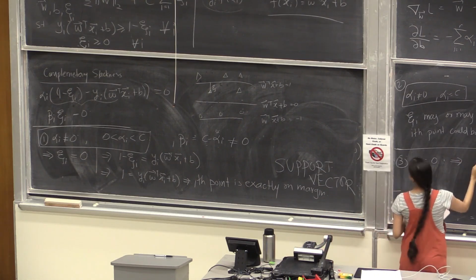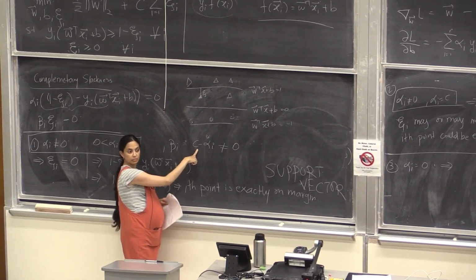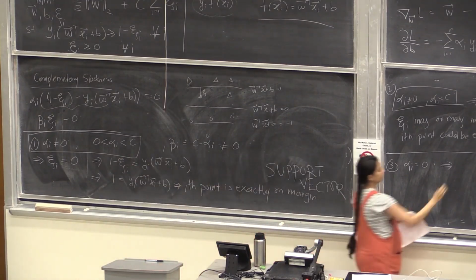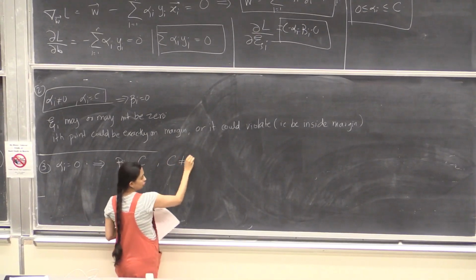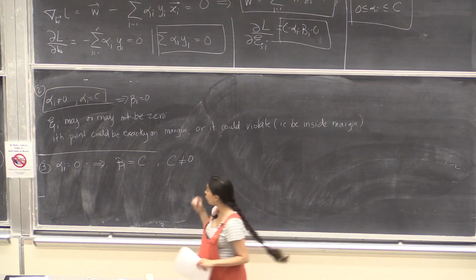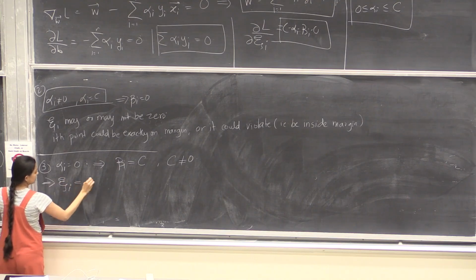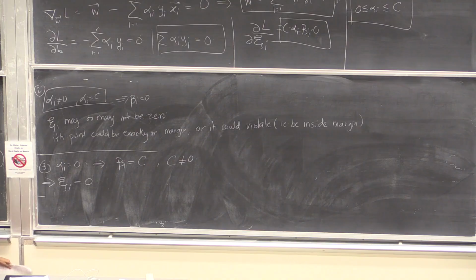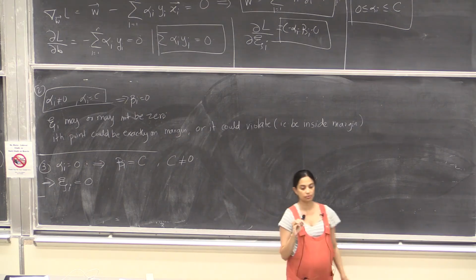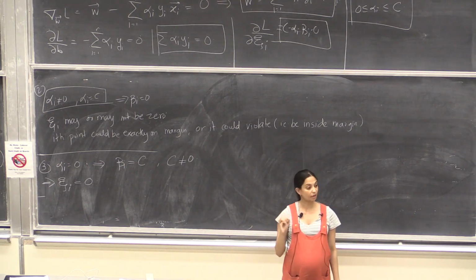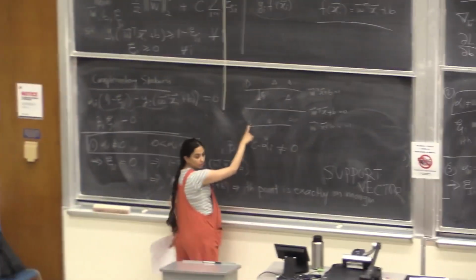This implies that beta I must be equal to exactly C. Right? And we know C is not equal to 0 because we're choosing it. So we know beta I is now distinct from 0 again. This means that psi I, again, is equal to 0. Okay? Which again means, is this point going to matter to us? Right? Slack variable, if psi I is 0, could my data point be exactly on this margin?